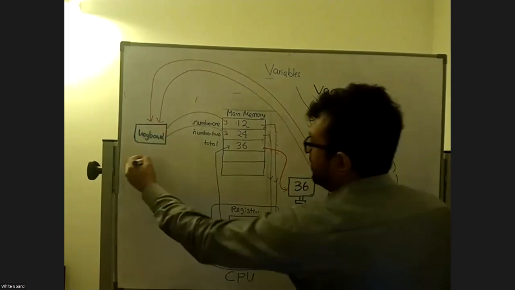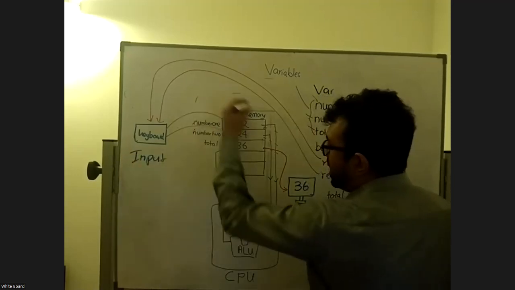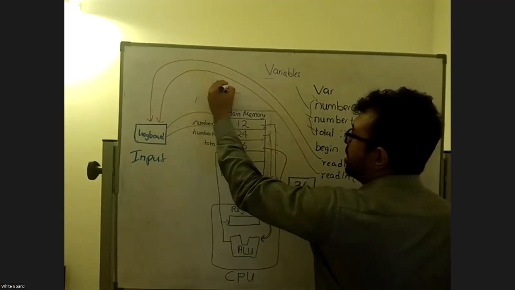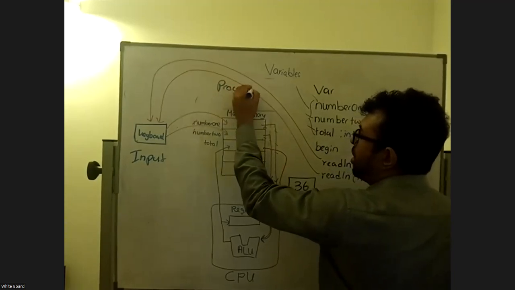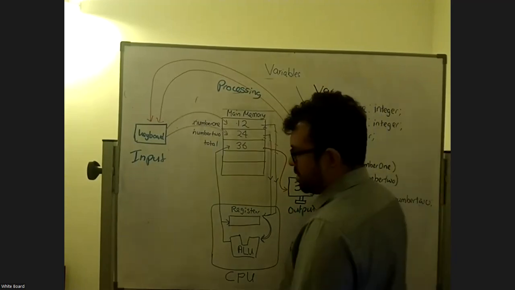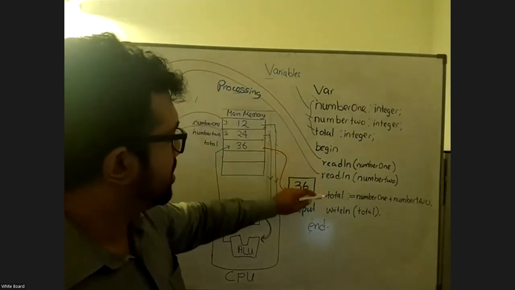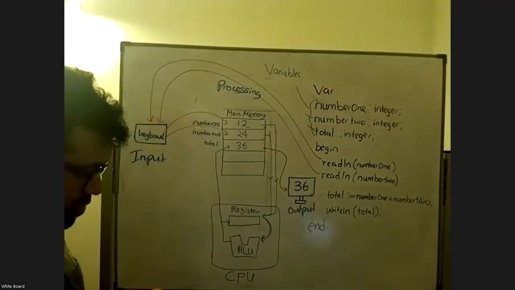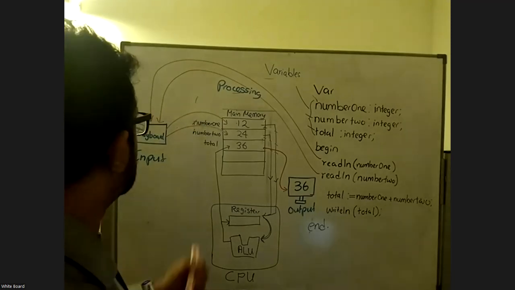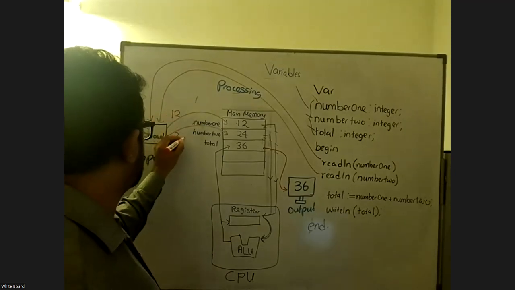So we have input, and entire this is related to processing, and output. So the program is now taking things from the keyboard here. We can give here, this is 12, we give here, this is 24.